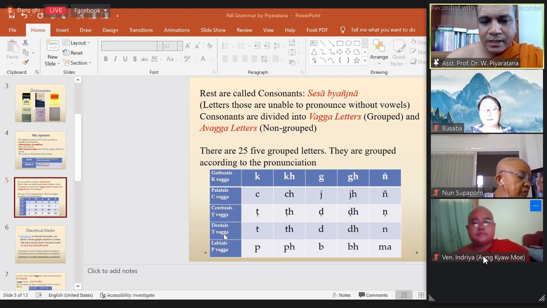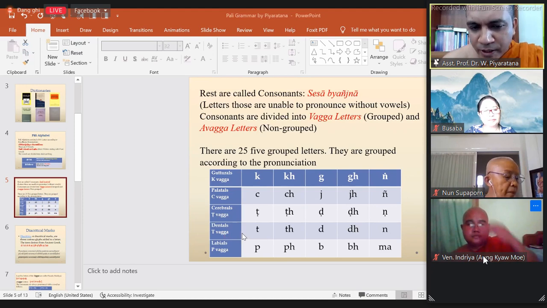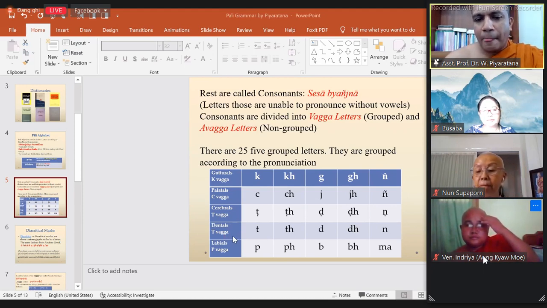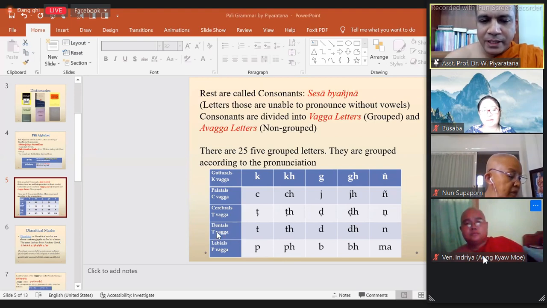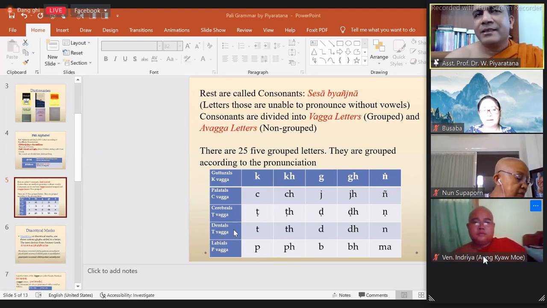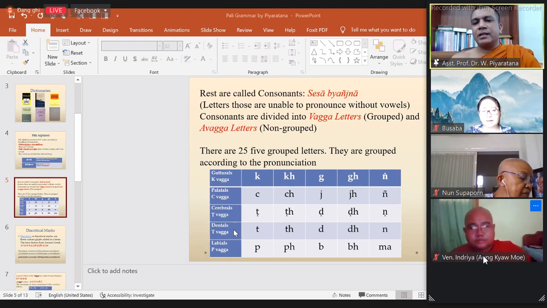And the next group we call ta vagga. In English we call them dentals, and in Pali danta ja. Danta means teeth, and ja means origin. When you pronounce these five letters, your tongue touches your teeth.